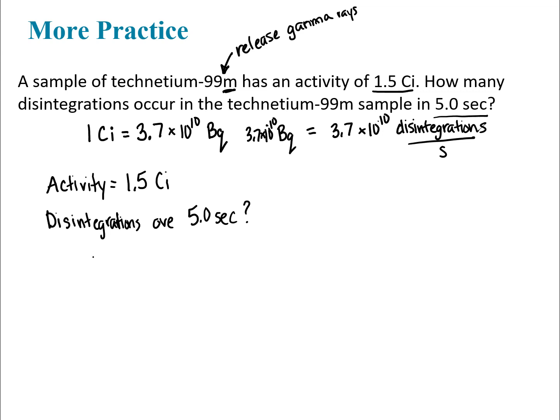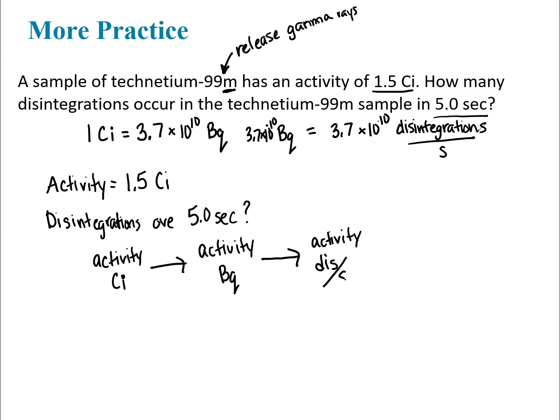The first thing we're going to do is take our activity in curies and convert it to becquerel. Then we're going to take that and convert it to disintegrations per second.